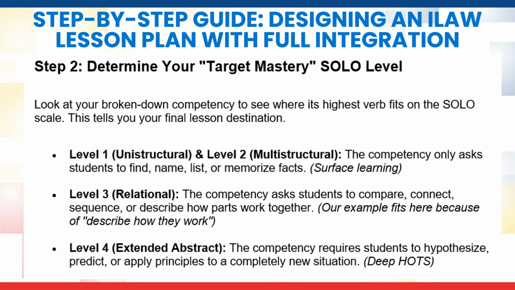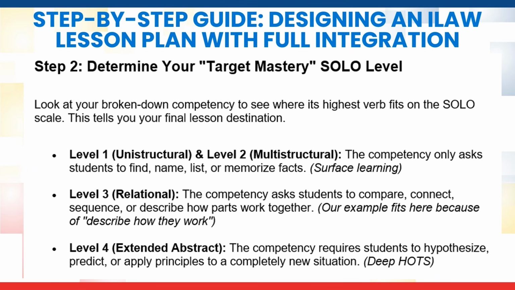So when we are to make our learning objectives, we can also use SOLO by determining our target mastery SOLO level. So based on the competencies, we can use, for example, level 1, unistructural, and level 2, multistructural.